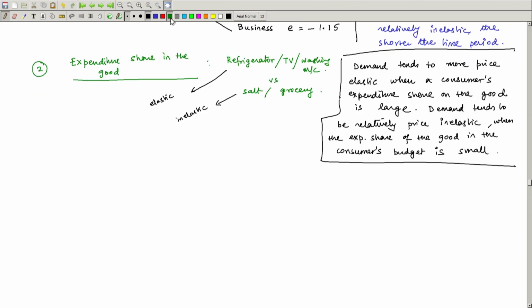The third important part is the importance of the good in the consumer's budget. Importance of the good for the consumer, let us say. Essentially, is the good a necessity?